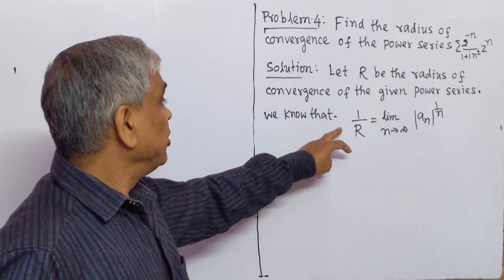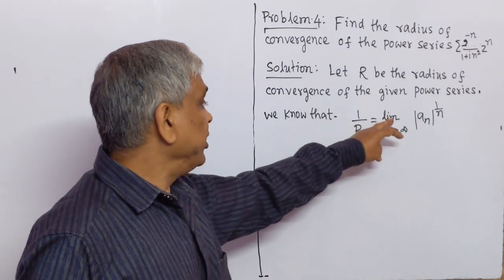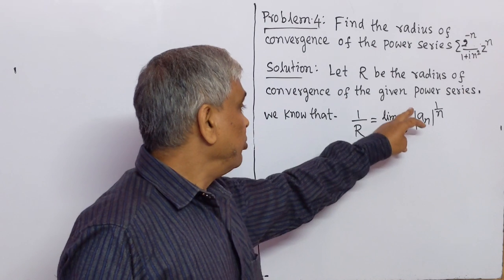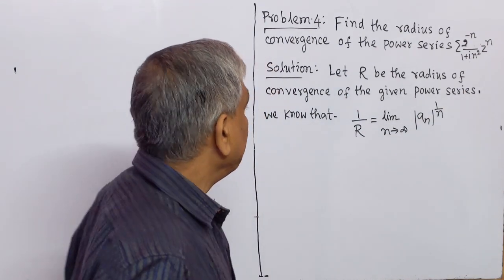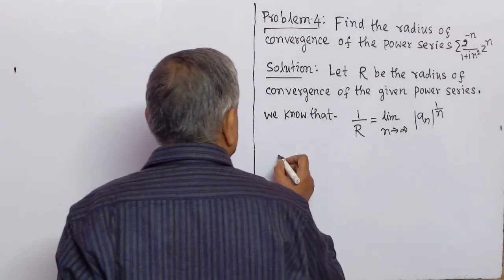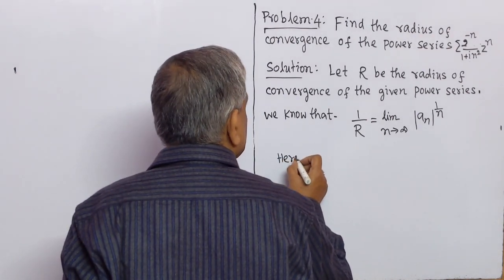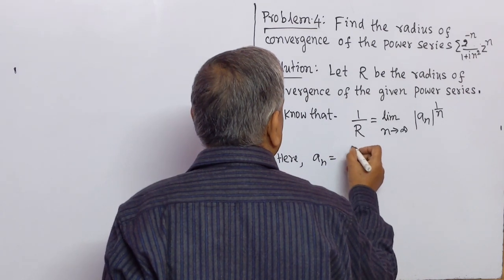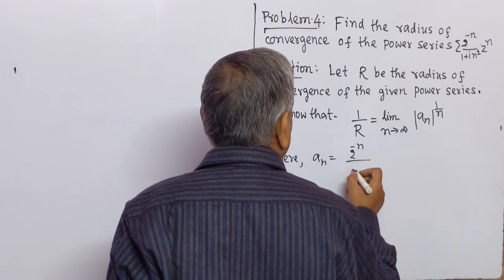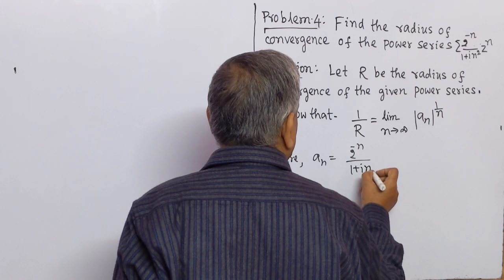We know that 1 by r equal to limit n tends to infinity modulus of a n to the power 1 by n. Here a n equal to 2 to the power minus n by 1 plus i n square.